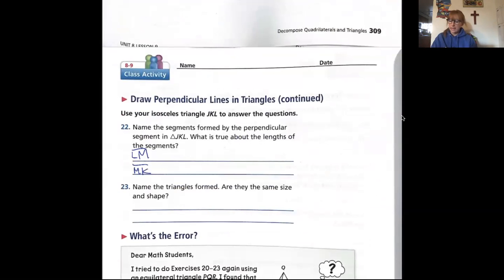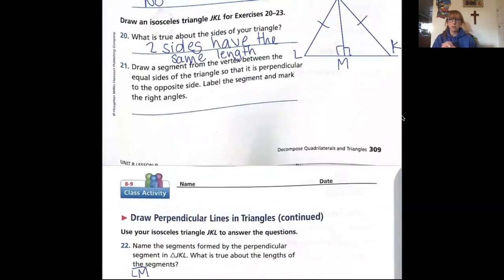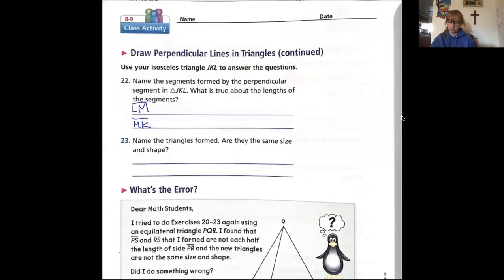And we can say that those two line segments should be equal. So we're going to put two tick marks here, because if I put one, then I would be saying that they would be equal to the sides of the triangle, and that just wouldn't be true. So we're looking to say that line segment LM and line segment MK are equivalent. They are the same.